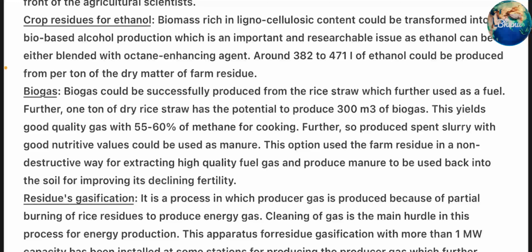Further, the spent slurry with good nutritive values could be used as manure. This option uses the farm residues in a non-destructive way for extracting high quality fuel gas and produces manure to be used back into the soil for improving its declining fertility.